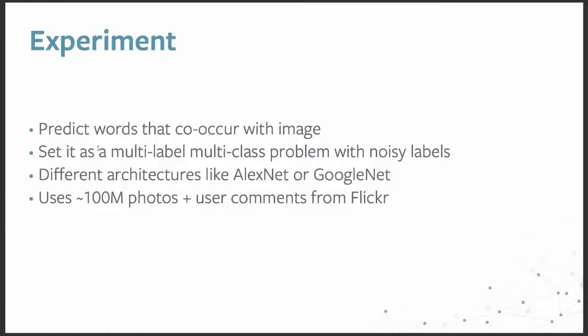As I said, there are around 100 million images with user comments and so on. What we did is simply try to predict the words or the hashtags that come with the image. It can be seen as a multi-label, multi-class problem with noisy labels. We tried different architectures, in particular AlexNet and GoogleNet.